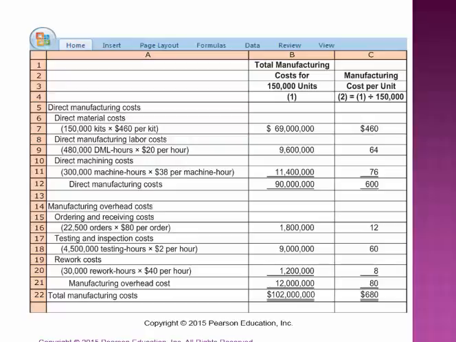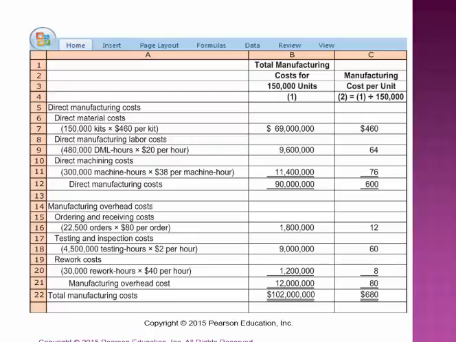So this is taking the data that I just went over and multiplying it out times our 150,000 units, the number of hours required to do them, and all of those ordering and receiving costs, plus the testing and inspection cost, plus the rework cost. This is what it currently costs us to manufacture the items.